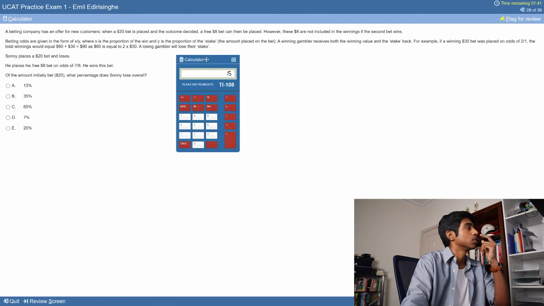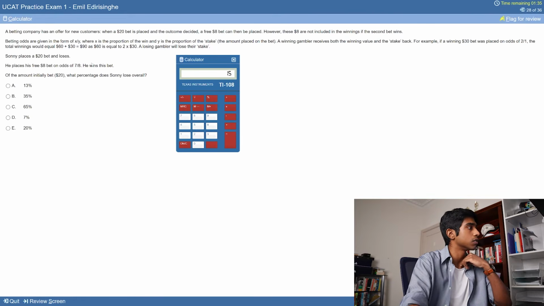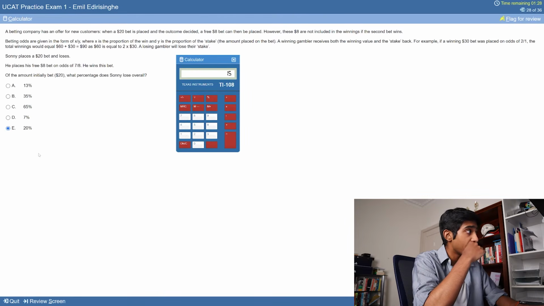So he loses. So he's already lost $20. He wins back 15, so he loses 5, so it's 20. That'll be 25%. Yeah, that's right.